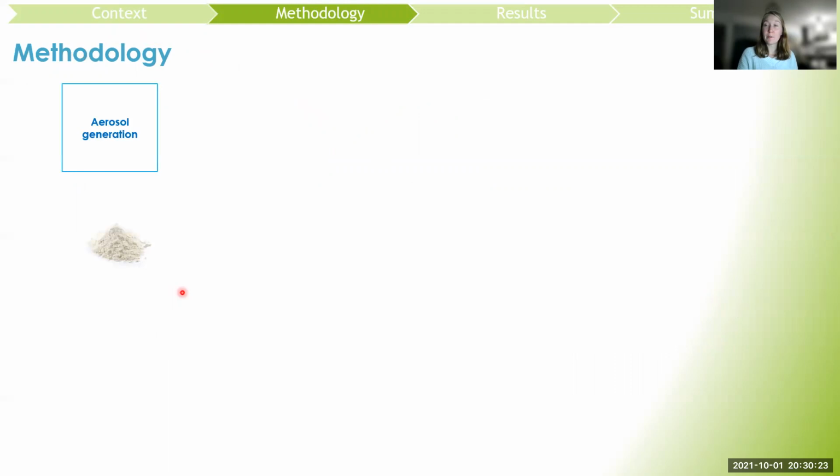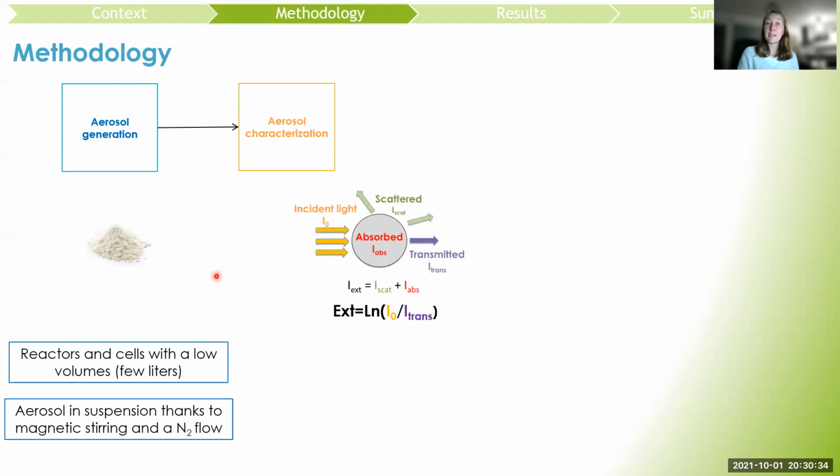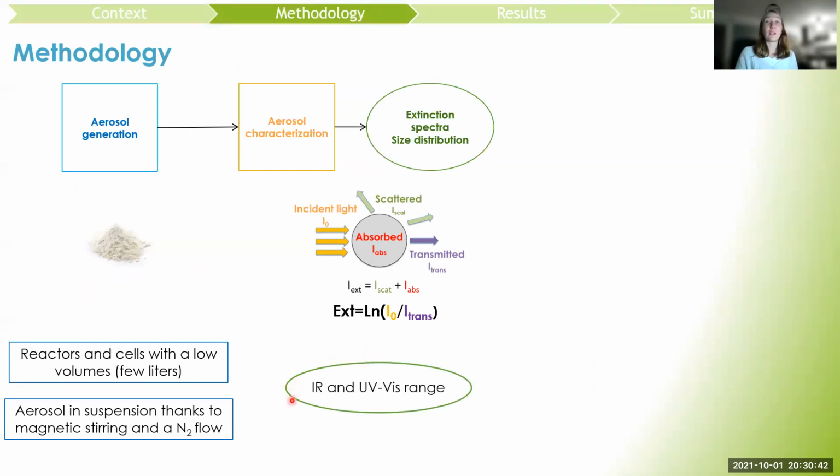First, we generate the aerosol. The aerosol as a powder is in a reactor put back in suspension using magnetic stirring and a nitrogen flow. Then we will characterize the aerosol using spectrometers to get extinction spectra over infrared and UV-visible range, which is important to interpret the satellite recording.